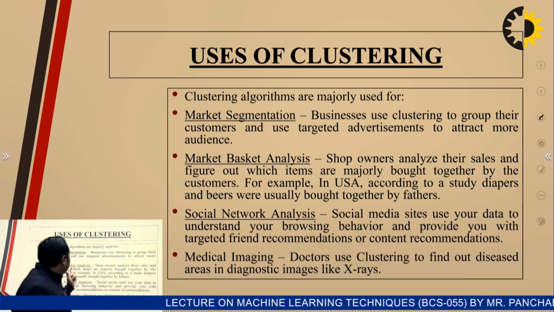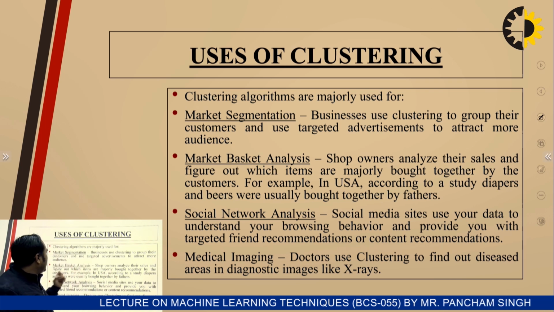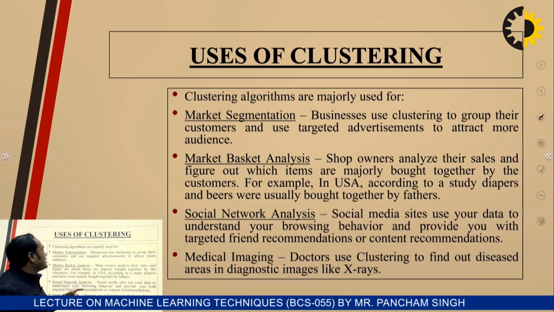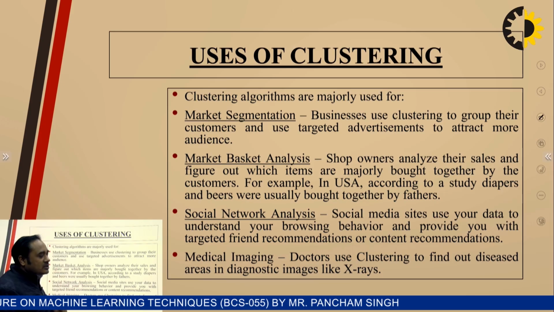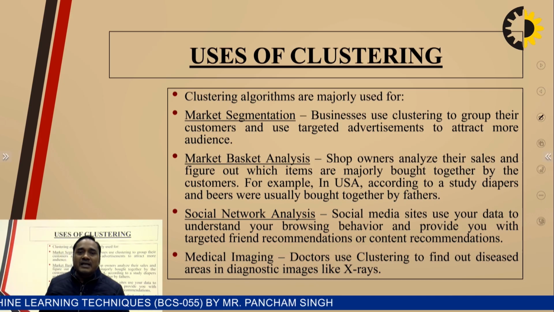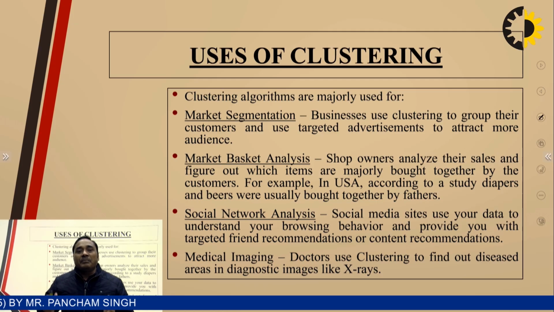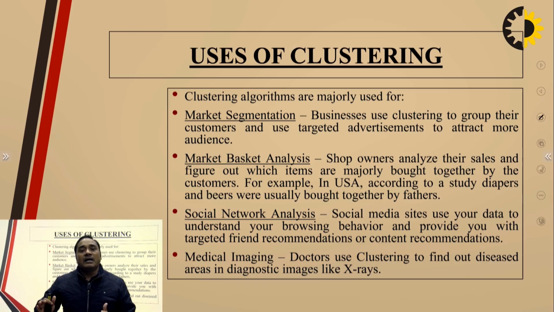So businesses use clustering to group their customers and use targeted advertisement to attract more audience. Because we are living in the NCR region, the business company creates the product in such a way that people can buy it on the basis of their earning amount. If you create that product in a rural area, people have low earnings and cannot buy that particular product.